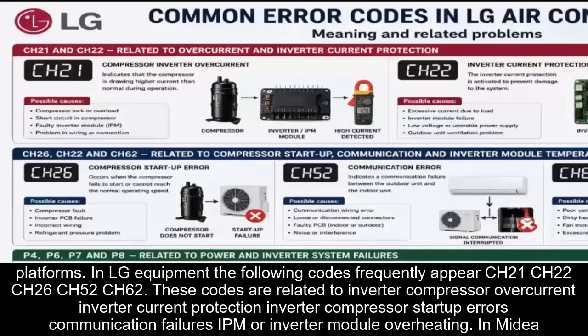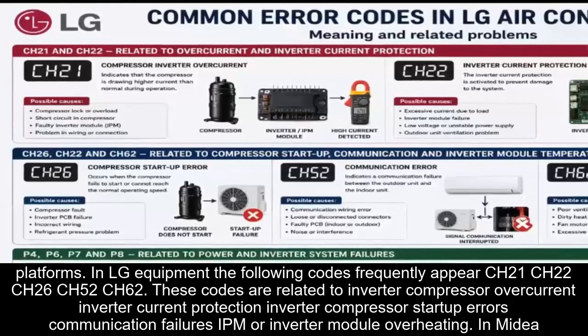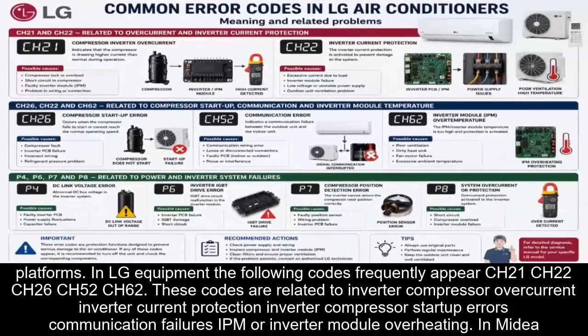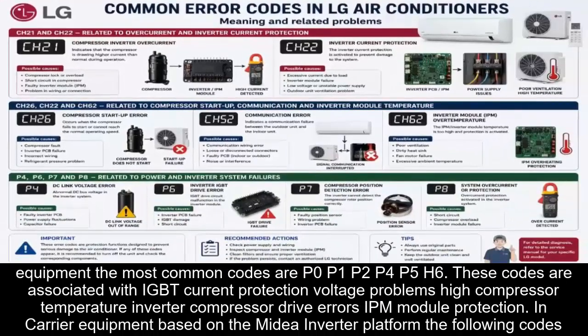These codes are related to inverter compressor overcurrent, inverter current protection, inverter compressor startup errors, communication failures, IPM or inverter module overheating. In Midea equipment, the most common codes are P0, P1, P2, P4, P5, and H6.